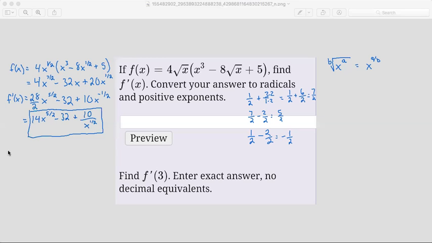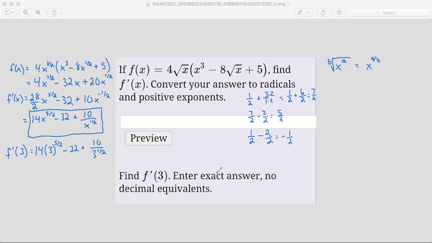And then when it says to find f prime of 3, we can plug in 3 for all the x's. So this would be 14 times 3 to the power of 5/2 minus 32 plus 10 over 3 to the power of 1/2.